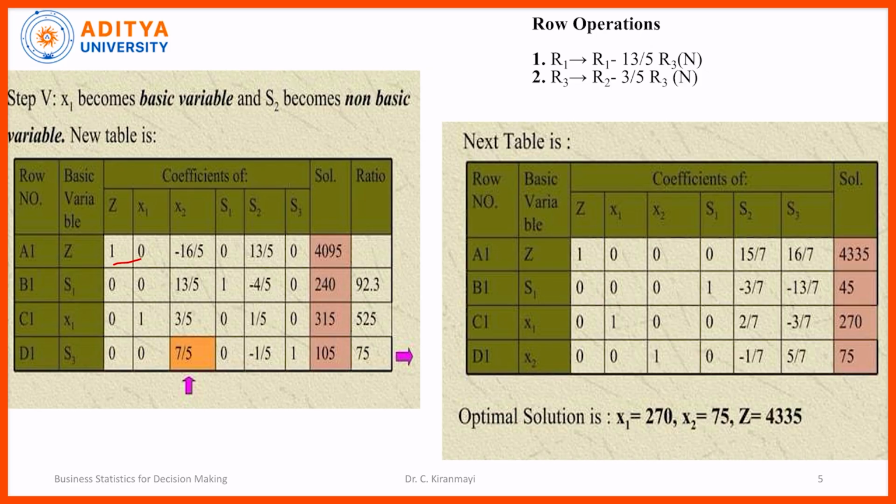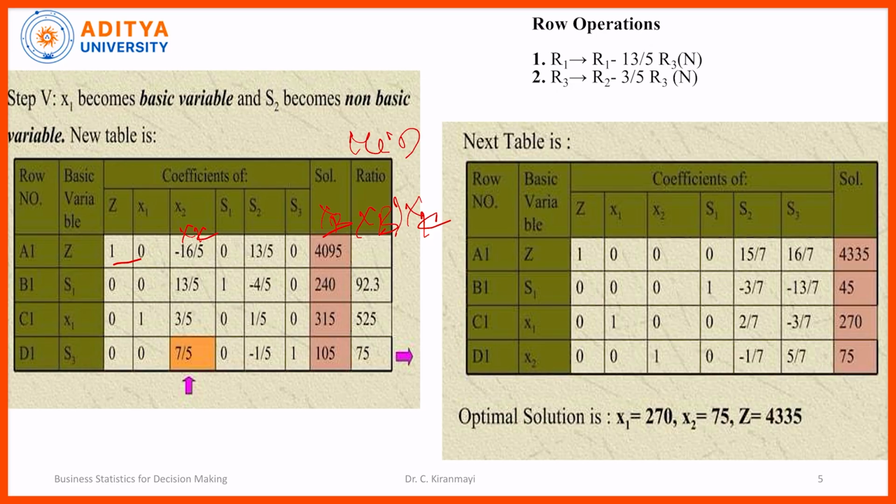How can we identify the key row? Using the minimum ratio. We have to calculate the minimum ratio using the formula xb by xk. This is the xb solution matrix, and the key column now is the second.